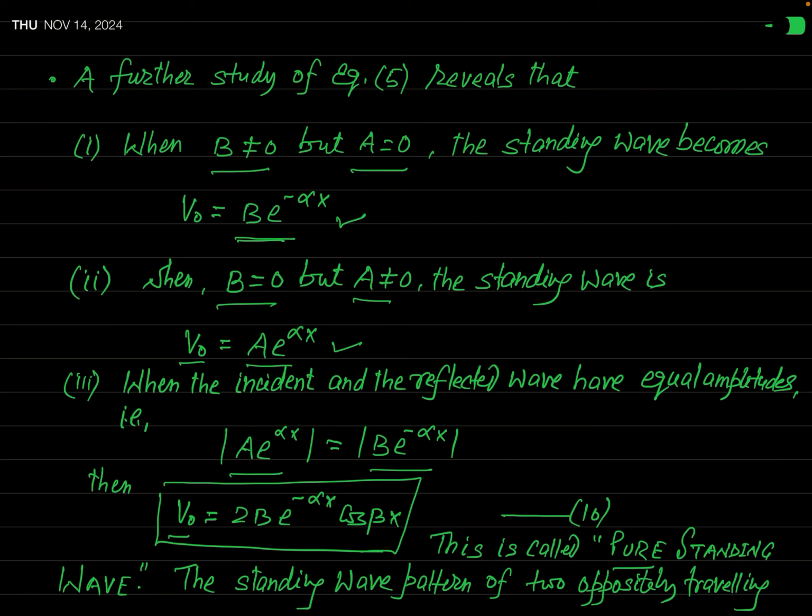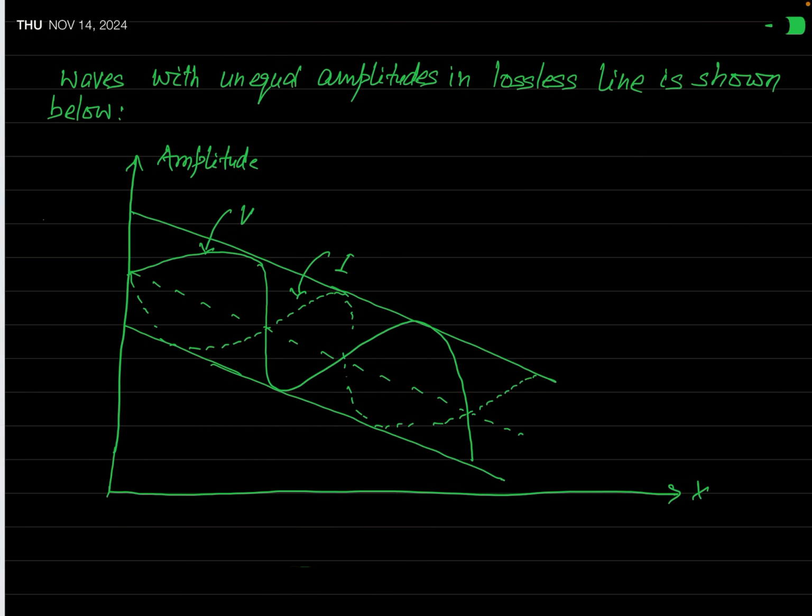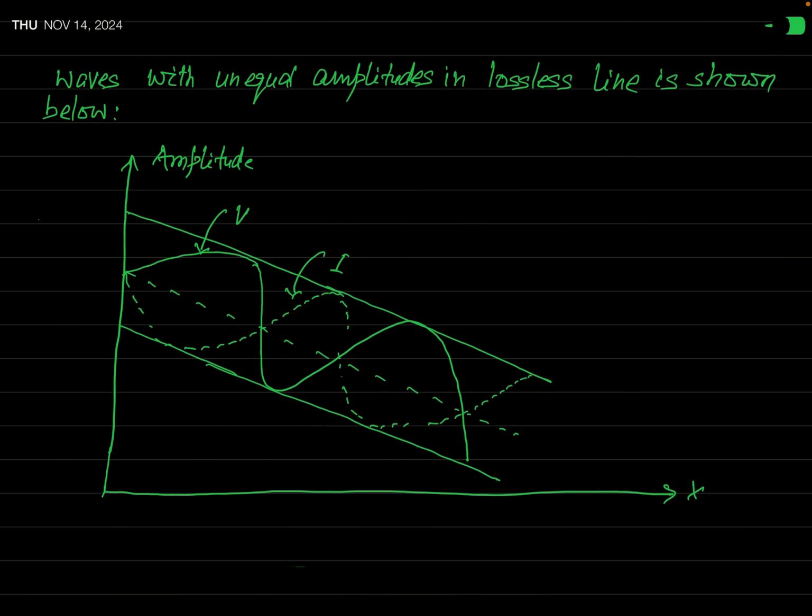As I have told you in the beginning of my lecture, when the two superposing waves have equal amplitude, then the created standing wave is called a pure standing wave. So this equation 10 represents the pure standing wave because it has been obtained when you have considered that the amplitudes of the two superposing waves are equal.